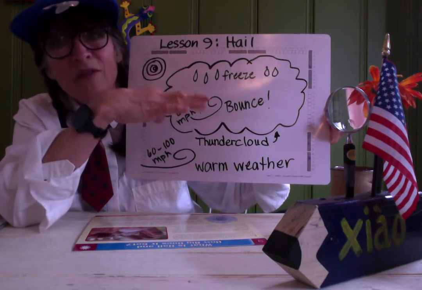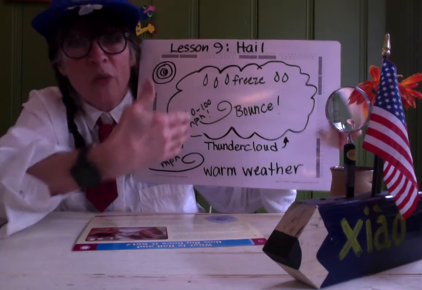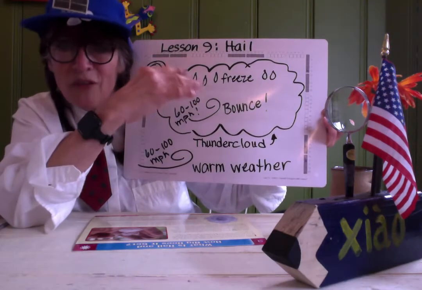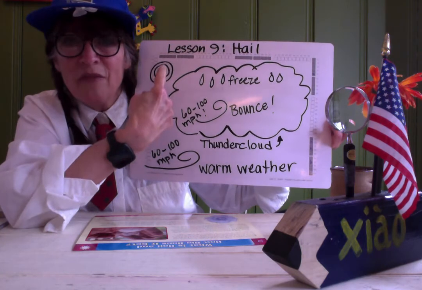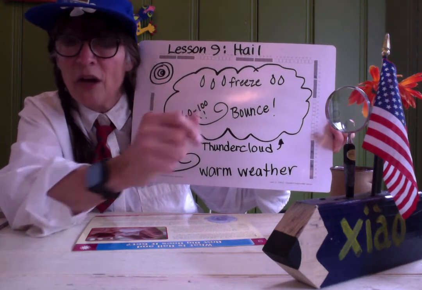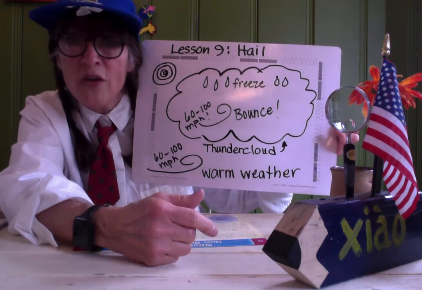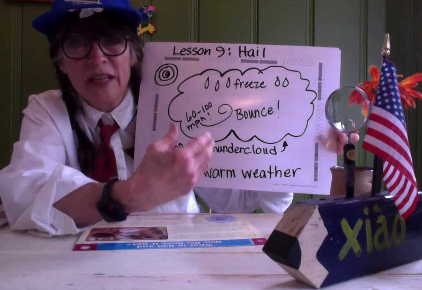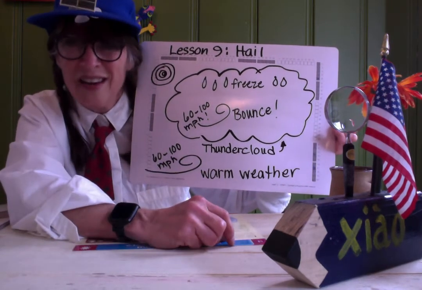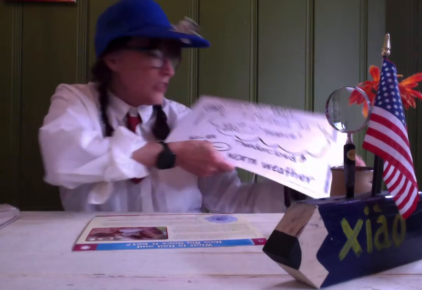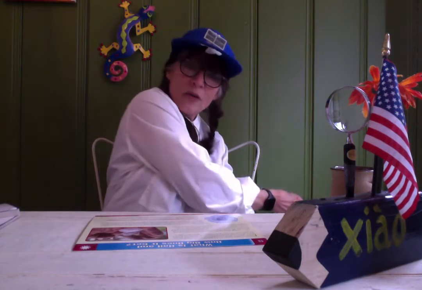And then they start to fall down a little bit, and then the winds push them up again, and then they start to fall down. Each time they fall down, they freeze a little bit, and if you were to cut open a hailstone, you would see that it looks like a tree because it has several layers in it. Isn't that fascinating? I think weather is just fascinating. Let's learn more about hail.